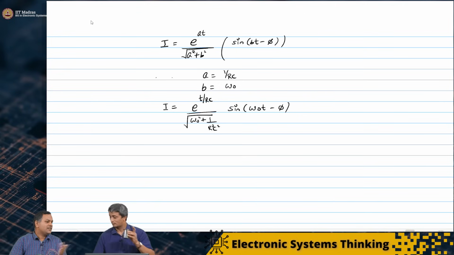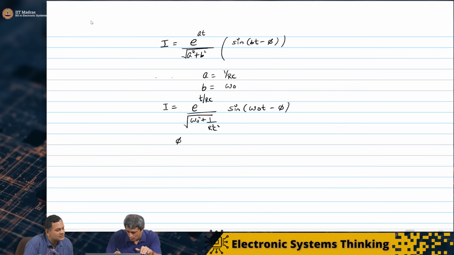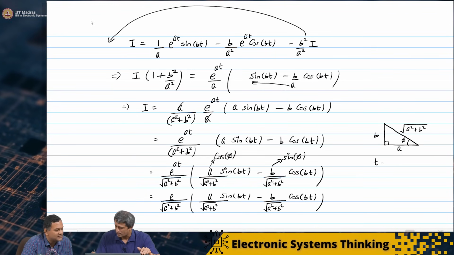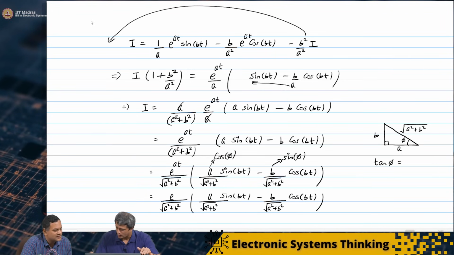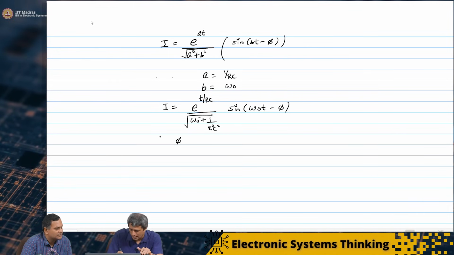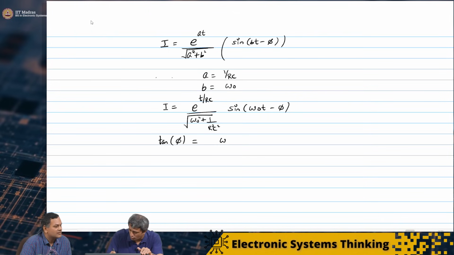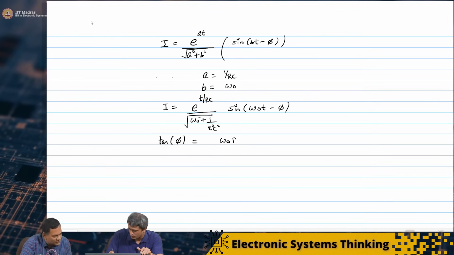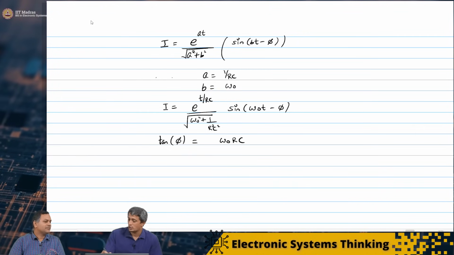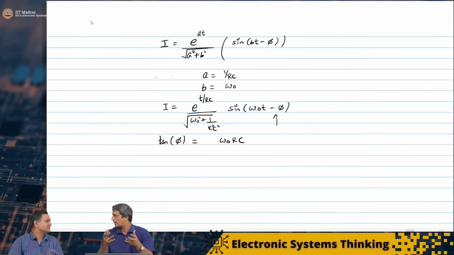And phi is tan inverse of b by a, so tan phi is equal to b by a, that is omega naught by 1 by RC, times RC. Perfect. And therefore, your guess was 100% right. Vc of t seems to have this form.